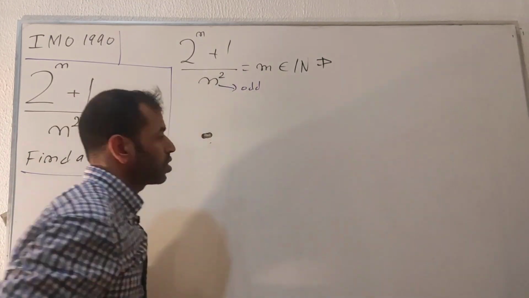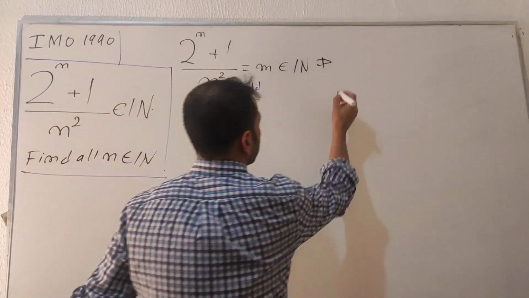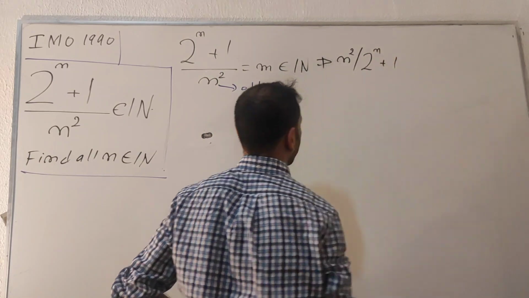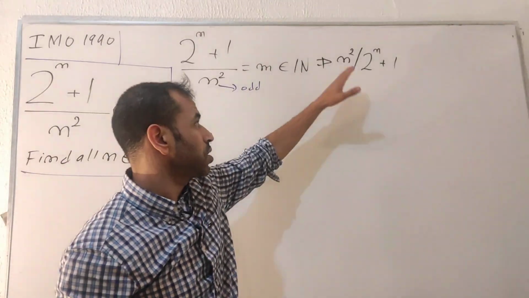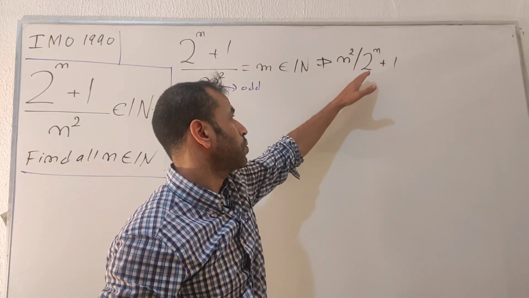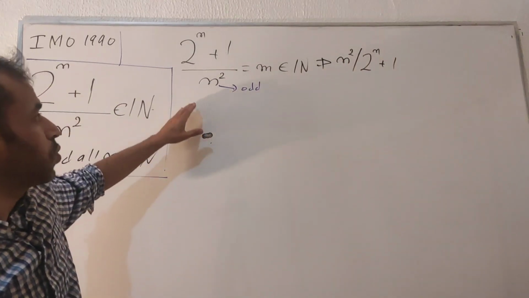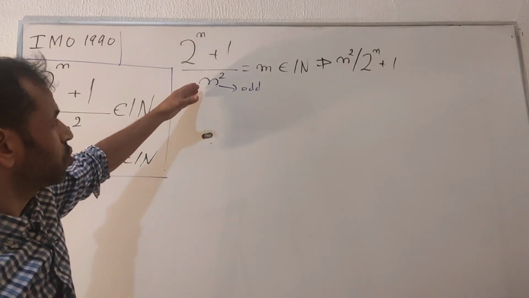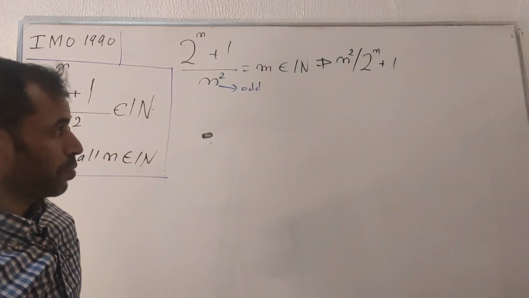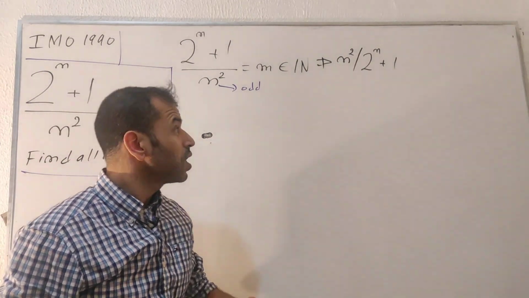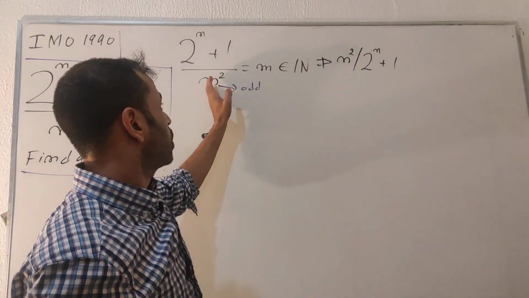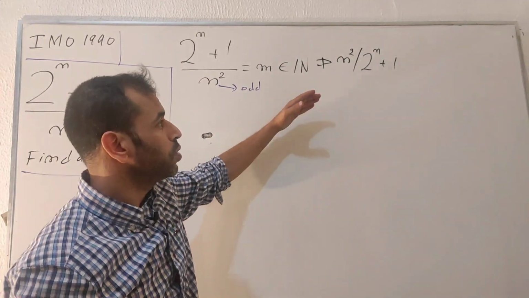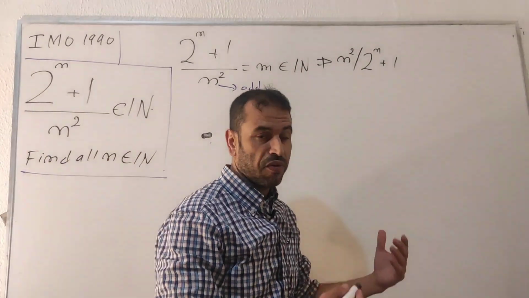Since this fraction is a whole number, n squared must divide 2 to the n plus number 1. Let's make a nice combination here of this divisibility property with a prime number. Since n is odd, you may have a smallest prime that can divide n squared. As we go up in n values, you may hit the prime numbers that can divide this n.